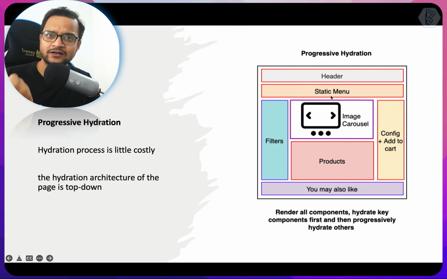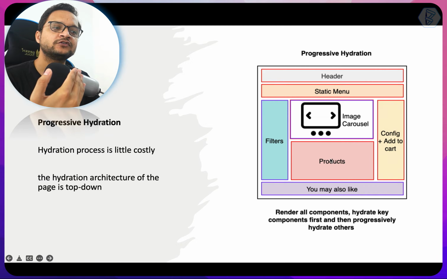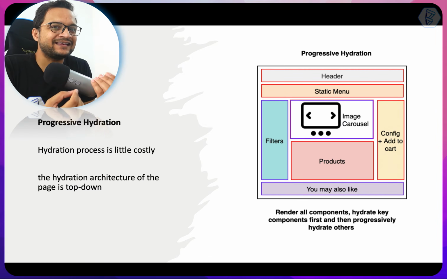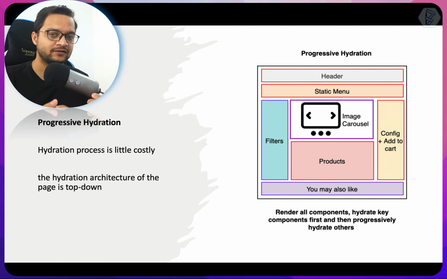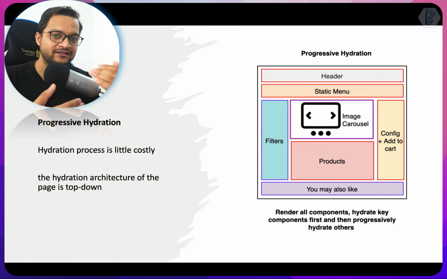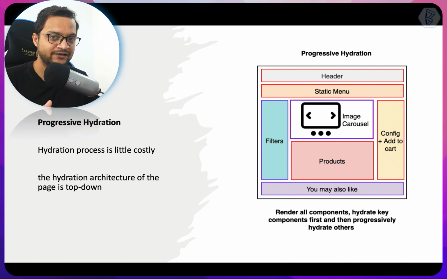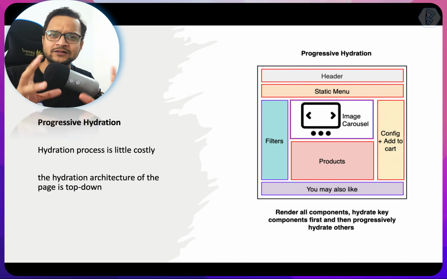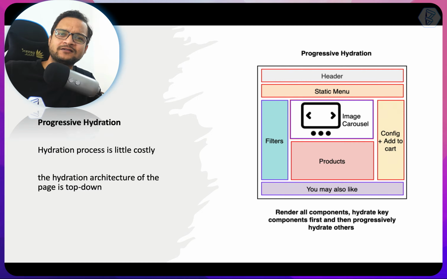doing this is really useful because the user will see everything at first, and since the user will take a little time to interact with the components, in the meantime we hydrate everything else progressively. This is the real good thing, because it's not doing all the hydration on the server end.